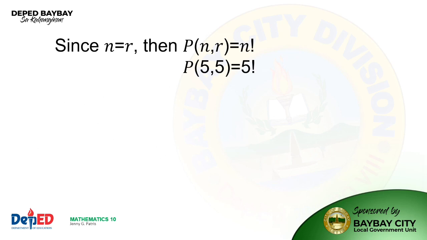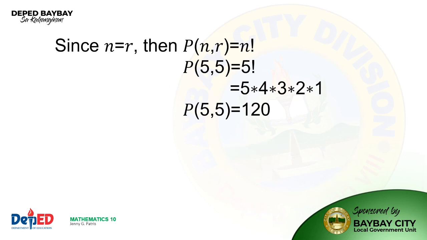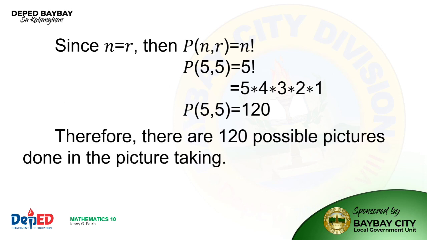By substitution, we have the permutations of 5 taken 5 at a time is equal to 5 factorial. To simplify further, it is equal to 5 times 4 times 3 times 2 times 1, which is equal to 120. Therefore, there are 120 possible pictures done in the picture taking.